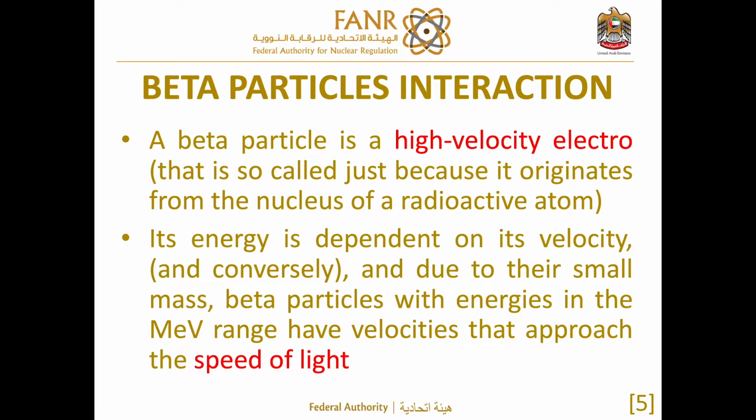And beta particles with energies of some megaelectron volt or in that range can have velocities that approach the speed of light, so they have relativistic behavior and relativistic interactions with materials. From the point of view of the phenomenology, beta particles, when they interact with materials, can bounce back. They have very strong scattering at very sharp angles, just because they have the same mass and the same charge of the particles they are mainly interacting with.